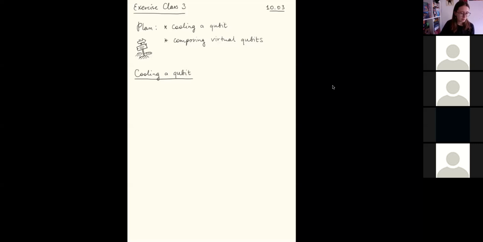So first, let us start with the notion of cooling a qubit, and to get a physical feeling of this operation, let us return to the swapping procedure, which was discussed in the lecture.